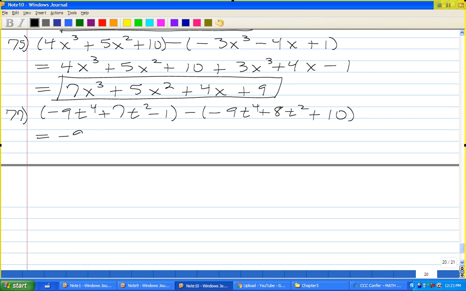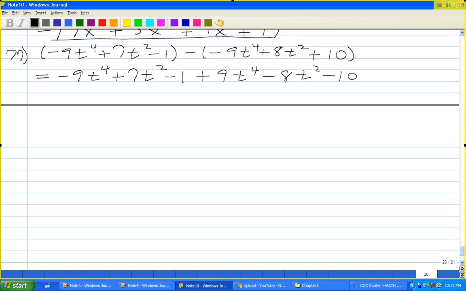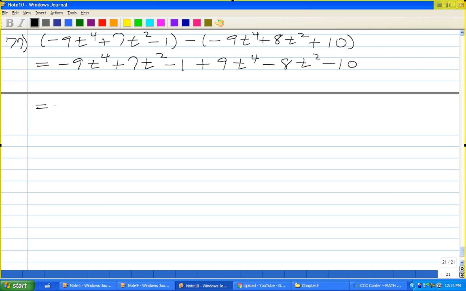Removing parentheses, negative 9t to the fourth plus 7t squared minus 1. Changing all the signs inside the parentheses, plus 9t to the fourth minus 8t squared minus 10. So this is equal to, the 9t to the fourth cancel. 7t squared minus 8t squared is minus t squared. Minus 1 minus 10 is minus 11.